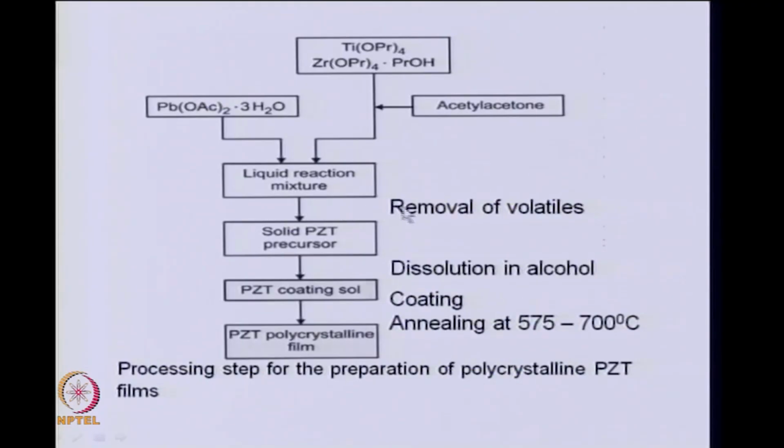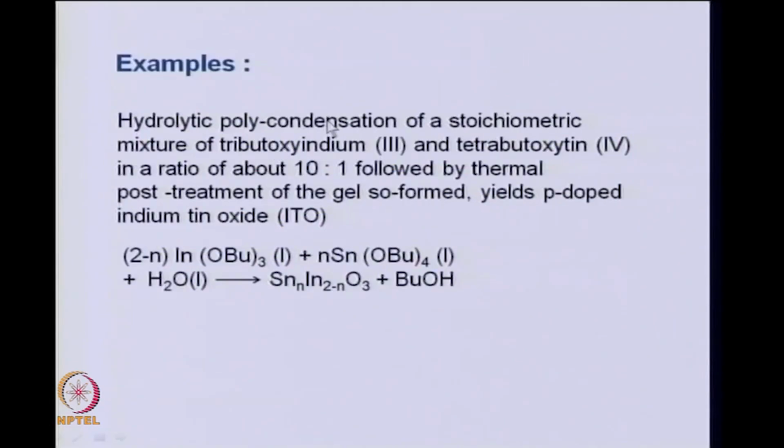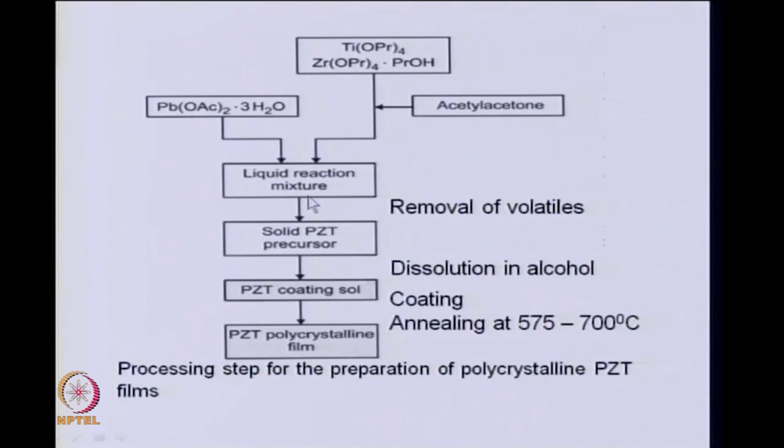Then you remove all the volatiles, that is the acetylacetone and water and alcohol, and you are left with a solid lead, zirconium, titanium oxide precursor, and then you can dissolve it in alcohol and coat it on a substrate.